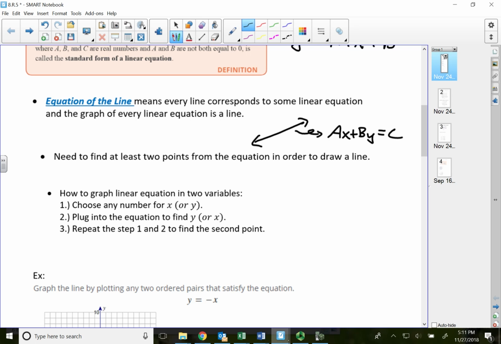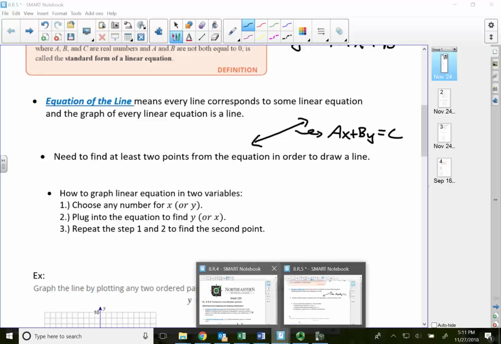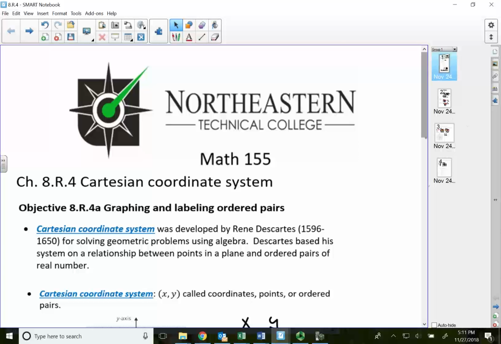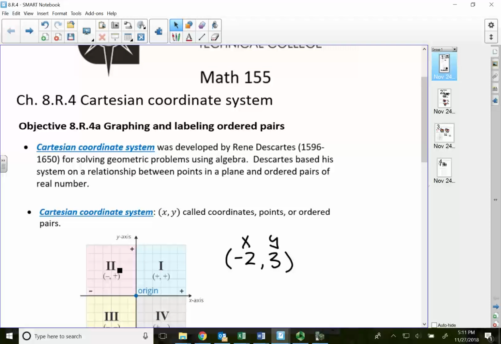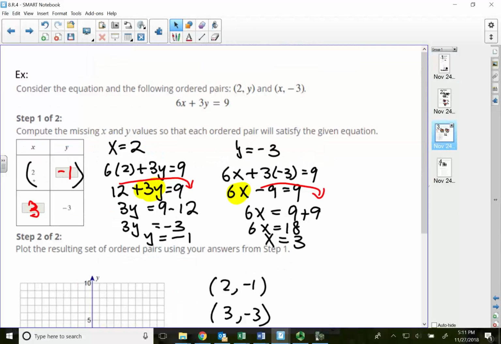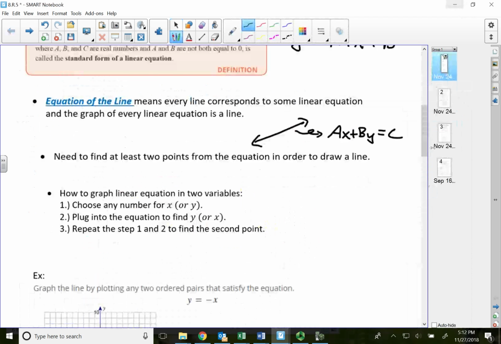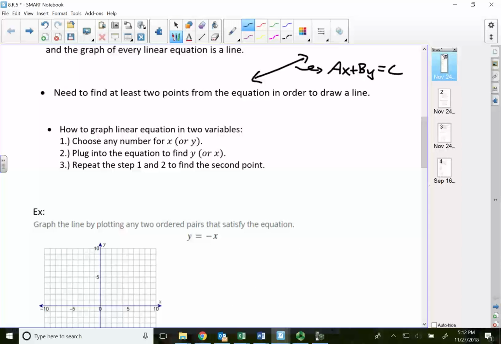So in the previous video, you saw how some of the problems back in 8.4 integrated review gave me a particular value for x or y, where I have to use those values to find the other variable. So now, to actually find the points, we need to be the one to choose any number for x or choose any number for y.